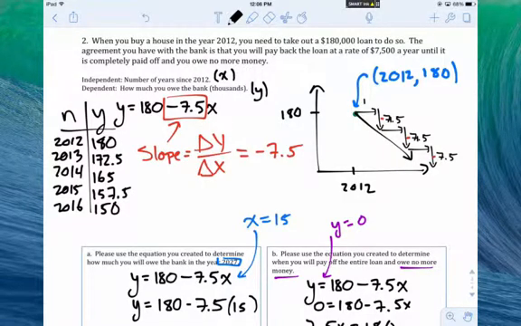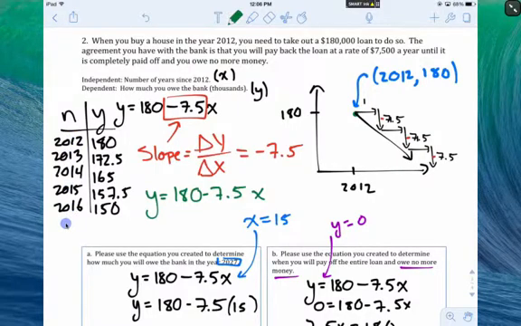And so we say, well, how can we use this table of values to create an equation to describe the relationship? Well, it's almost the same as what we had before. This equation is actually going to be y equals 180 minus 7.5. Now, we're not going to be multiplying 7.5 times n. That would be the case if this were 0, 1, 2, 3, 4.